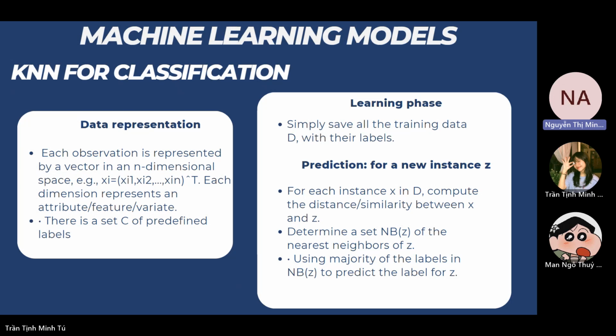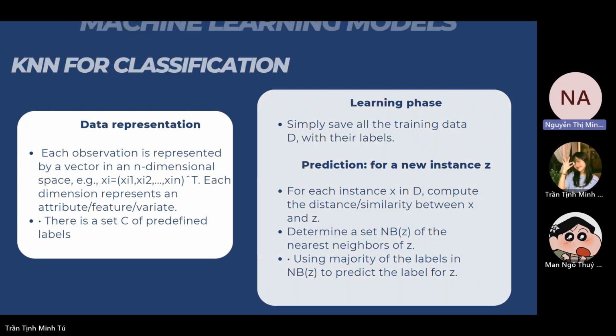For a new instance z, for each instance we compute the distance between them, determine a set of the nearest neighbors of z, and use the majority of the labels to predict the label for z.